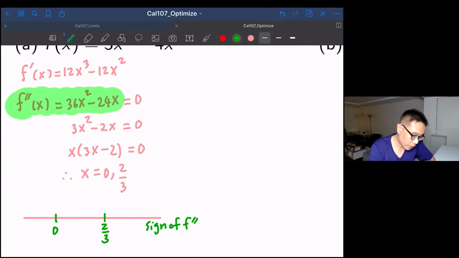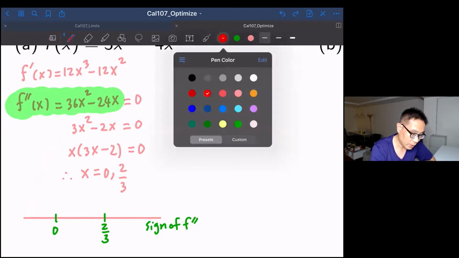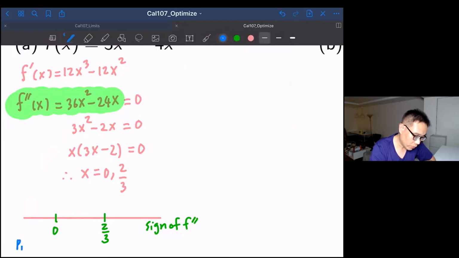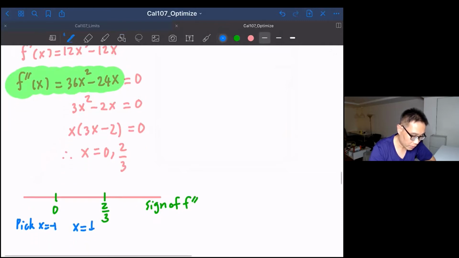In this case, you're going to plug in test points. Let me write pick: we're going to pick x equal to -1, x equal to 1/3, and in the last interval we're going to pick x equal to 1.